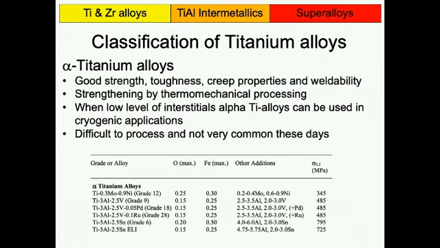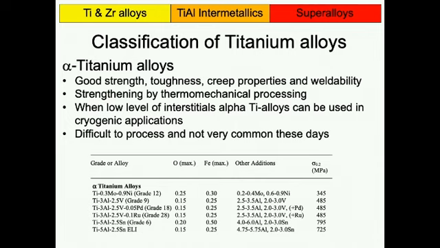You have also here alloys with tin. Tin, if you remember, is a neutral element. So here you really only have alpha stabilizer and tin as a solid solution strengthener, which doesn't affect much the alpha beta transus. It's considered a neutral element, although it's probably a slight alpha stabilizer.